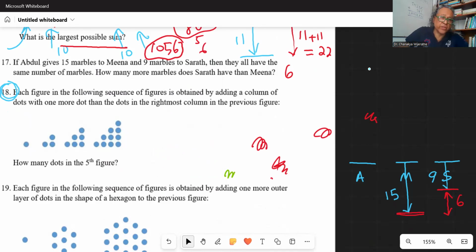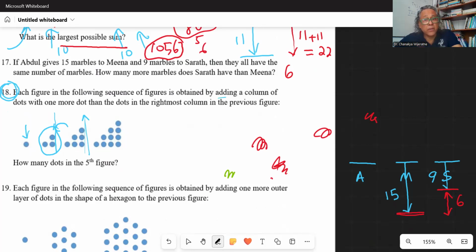If I look at the second figure, this is the rightmost column of the previous figure, and one is added, and this is the rightmost column. So we could get this by adding one to this column.